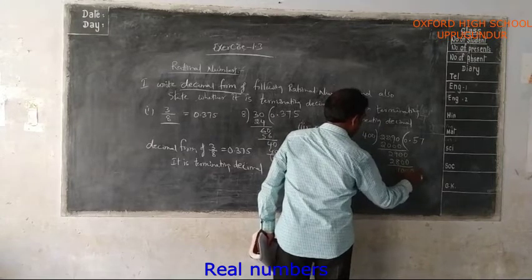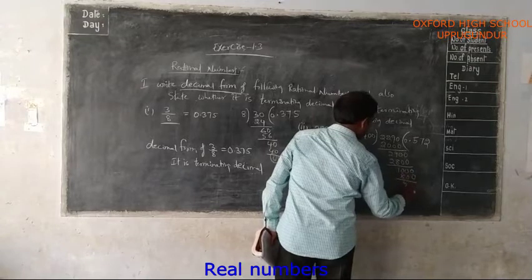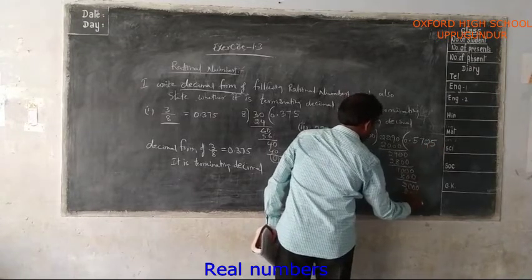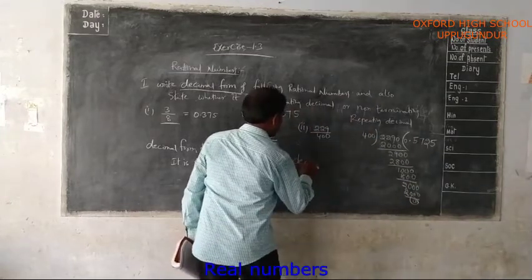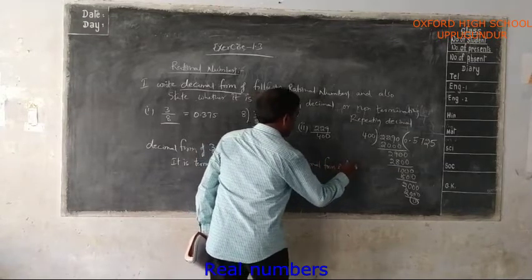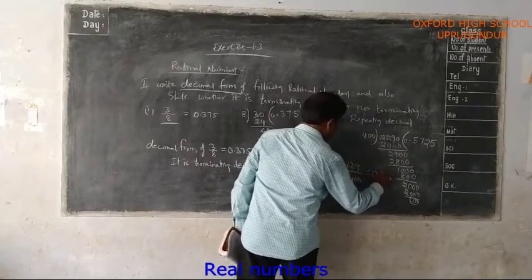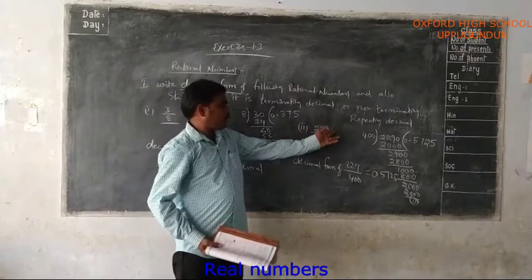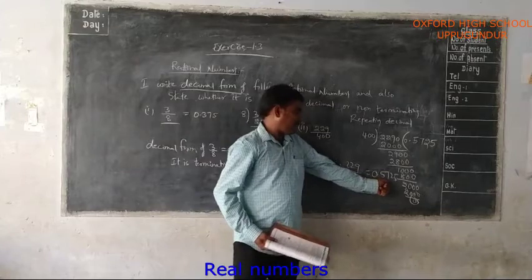Again 100. Again 0. 400 2s are 800, 200, 400 5s are 2000. So decimal form of 229 by 400 is equal to 0.5725.